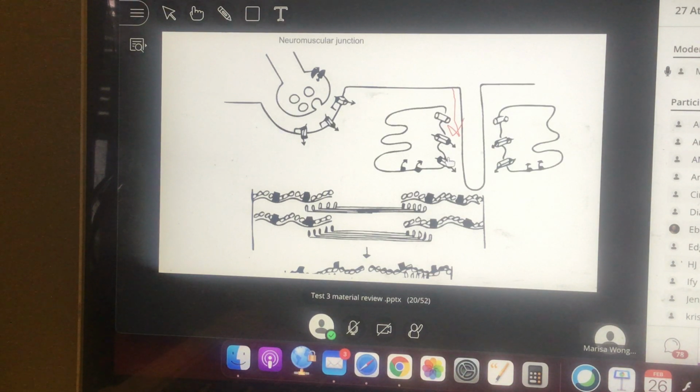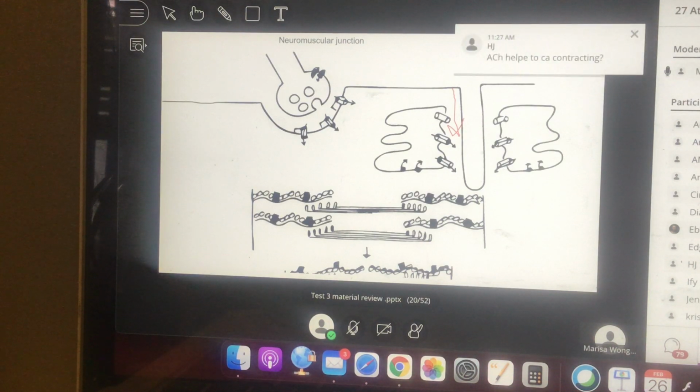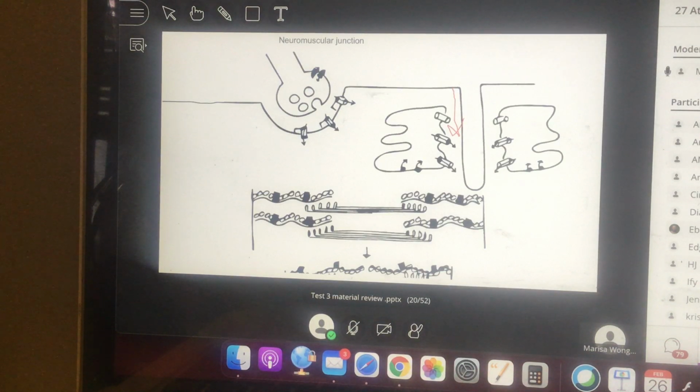Okay, he asks, can we talk about the positive and negative charges at the axon terminal? Yeah, the main thing to remember goes back to chapter 3 when we learned about the voltage at just the basic state of any cell in the body. Any cell in the body that you look at is going to have a slight negative charge right inside the membrane and a slight positive charge right outside of the membrane.